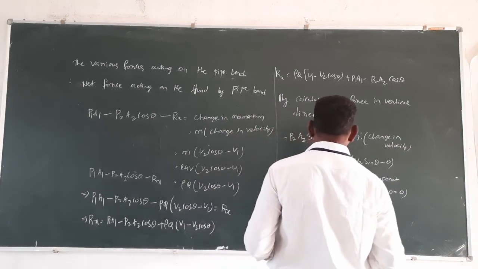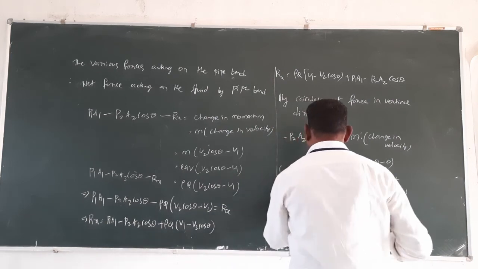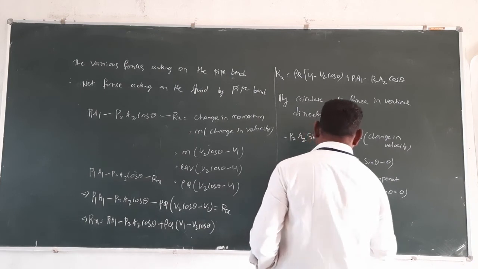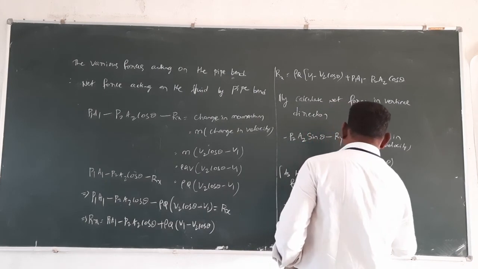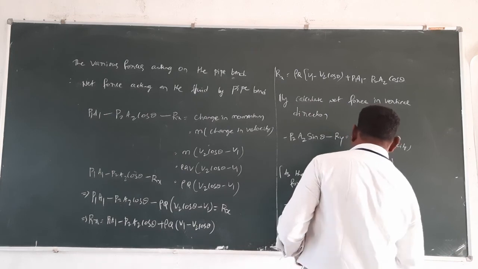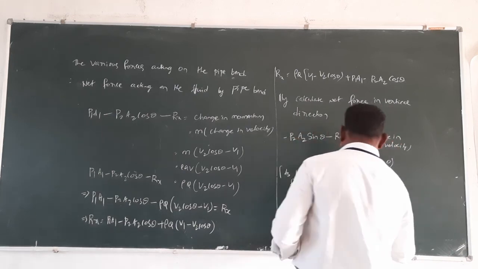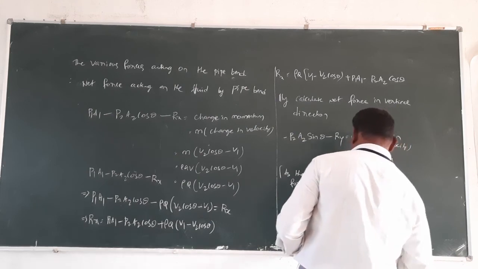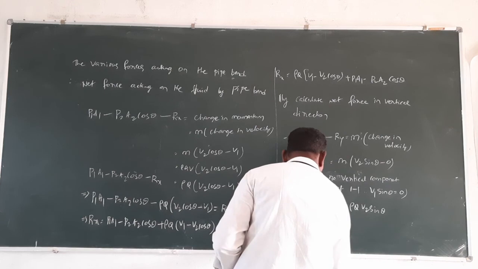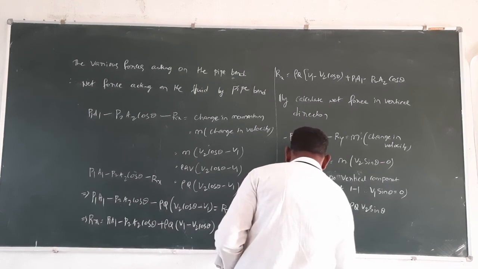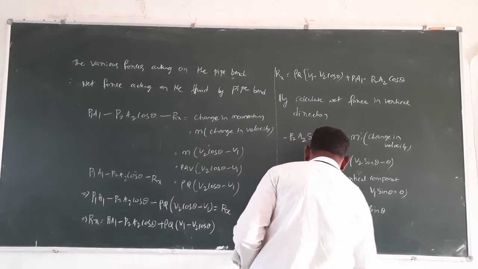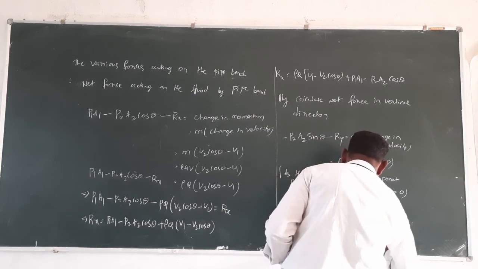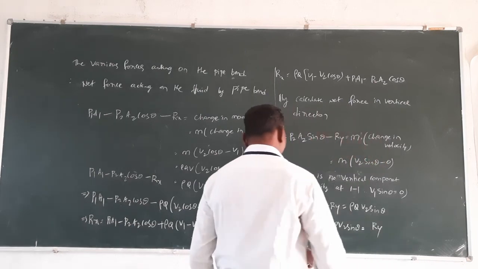Once again, repeat: minus P2 A2 sin theta minus Ry is equal to m into V2 sin theta. Put m is equal to rho Q. Therefore minus P2 A2 sin theta minus rho Q V2 sin theta is equal to Ry.